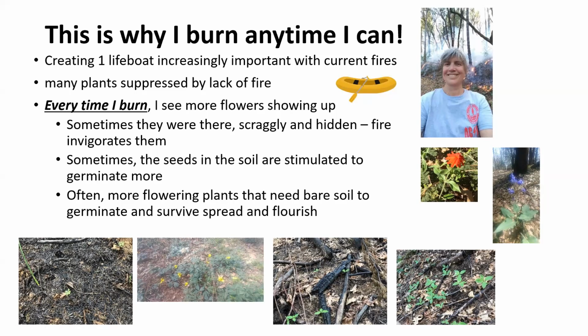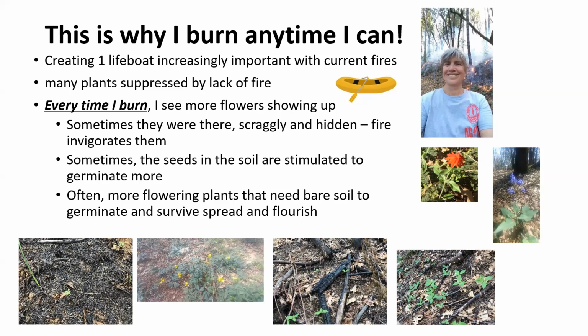So, we have so many acres and acres of forest where native plants are just suppressed from all that litter and duff, that a lot of times they may be hanging out below the surface. Lilies will do this. And then you see a burn and all of a sudden things just open up.